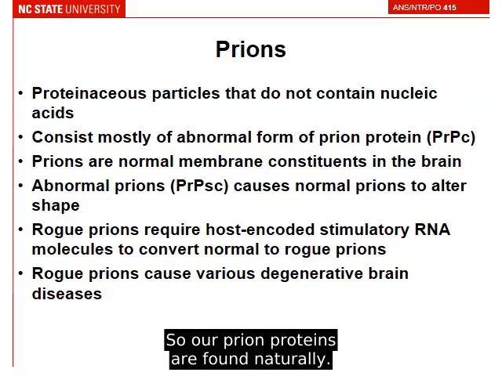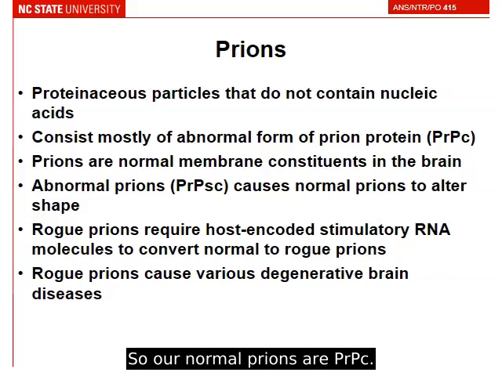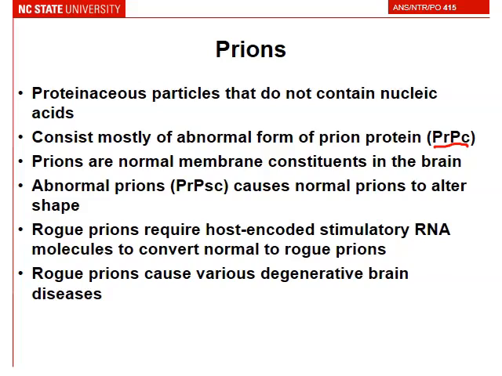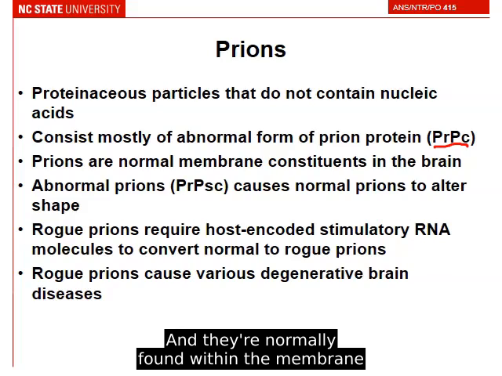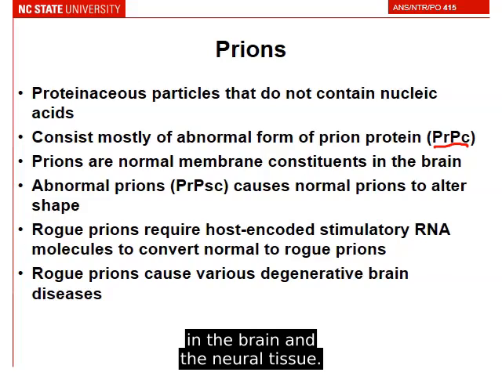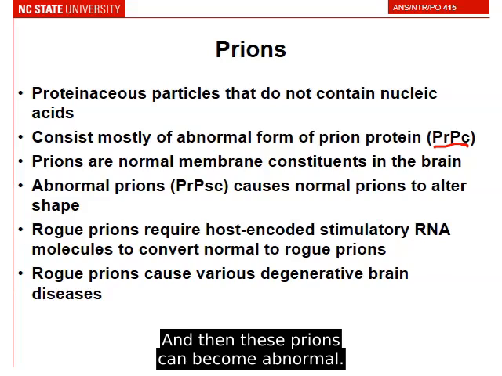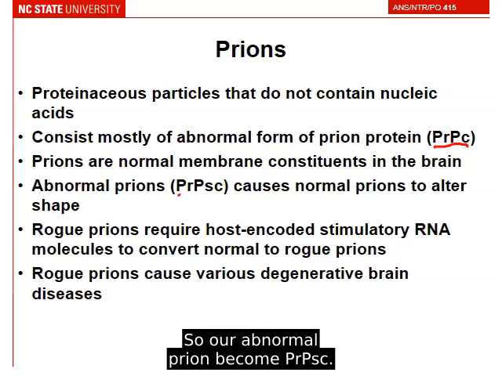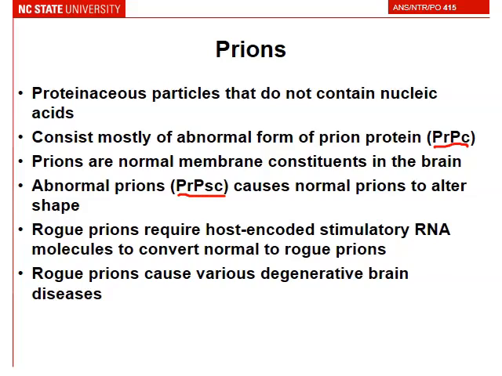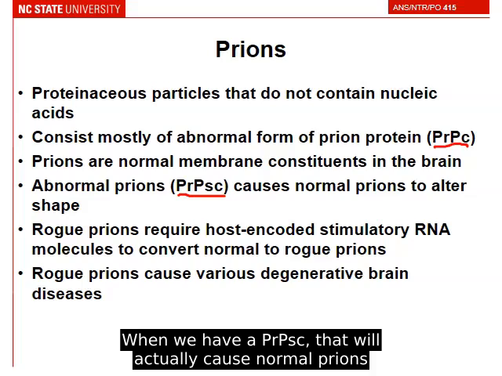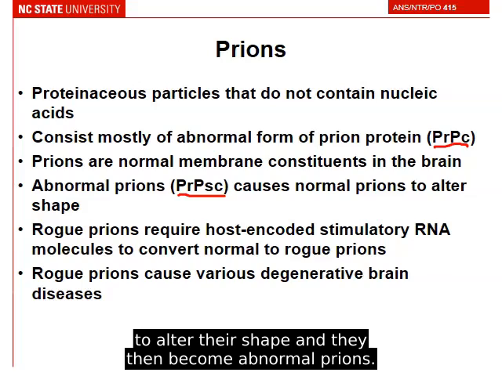So our prion proteins are found naturally. Our normal prions are PrPC, and they're normally found within the membrane in the brain and the neural tissue. And then these prions can become abnormal. Our abnormal prions become PrPSc, and when we have a PrPSc, that will actually cause normal prions to alter their shape, and they then become abnormal prions.